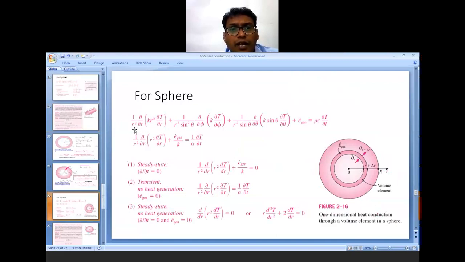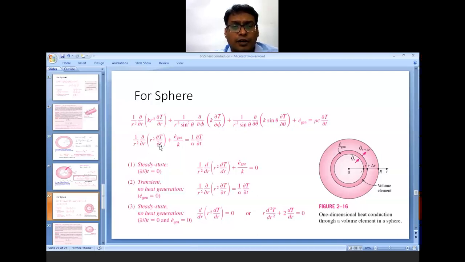So for the sphere, the general heat conduction equation in three dimensions is where it basically starts. Again, we have the diffusion term, the generation term, and the unsteady state term. When we consider only the r direction, the two terms in the theta and phi directions will go to 0.